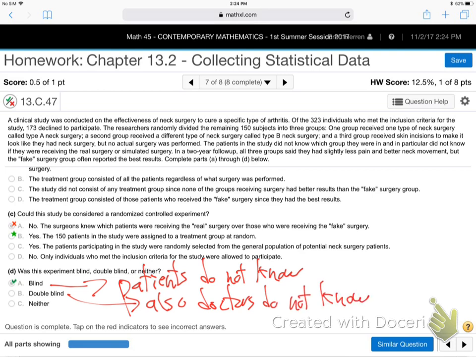Now, in this case, no. Why would they ever want the doctors to not know? Well, not for the surgery thing, but if you're giving medicine and you're trying to see if somebody's better from a cold, or especially they did this with polio, the Salk vaccine, when they first did that in the 50s or 60s, something like that, and they cured basically America and all North America, all the civilized world, of polio.